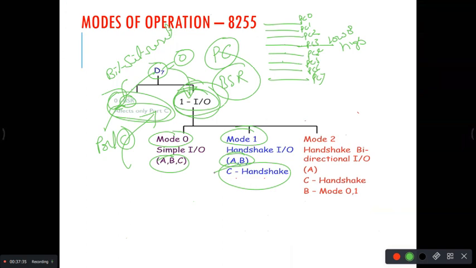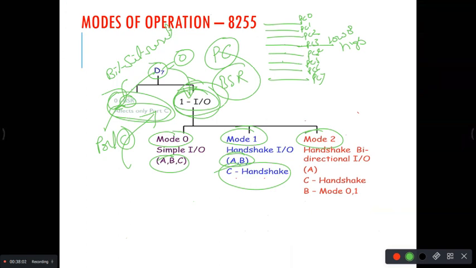Mode 2 is handshake bidirectional IO. What is the meaning of bidirectional IO? Otherwise you can set it either only out or only in, but in this mode you can set it as bidirectional.